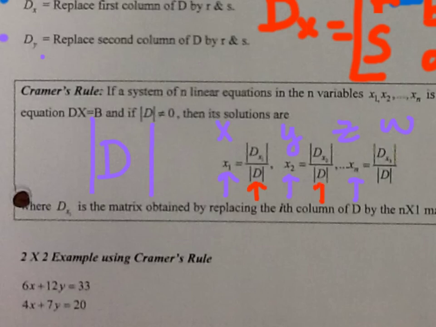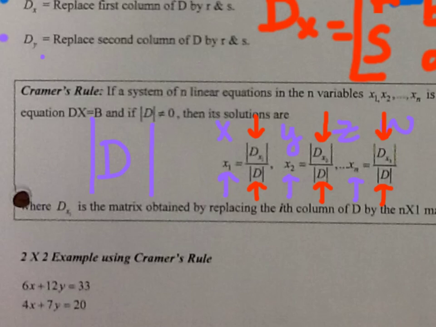So you see this value stays the same whether we're solving for X or Y or Z or W or X sub n if we keep going forever. So that D in the bars means the determinant of the coefficient matrix. Okay, then on top, again, I know it's a little blurry, sorry about that, we're going to find the determinant of D sub X, D sub Y, D sub Z, depending on what we're doing, or D sub N.